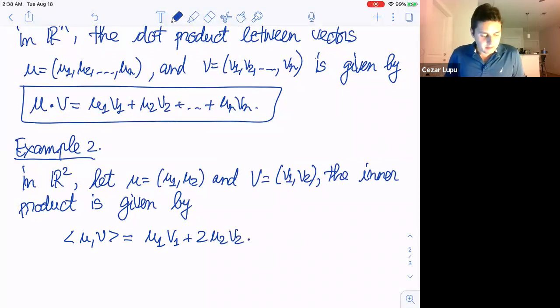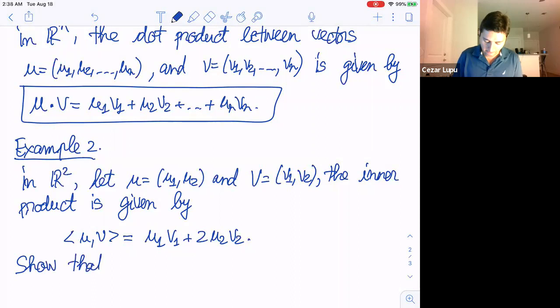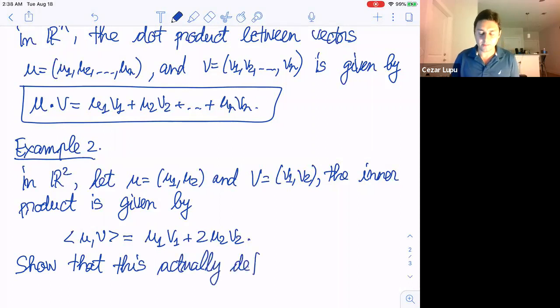Well, we want to see if this, in fact, let's show that this actually defines an inner product.